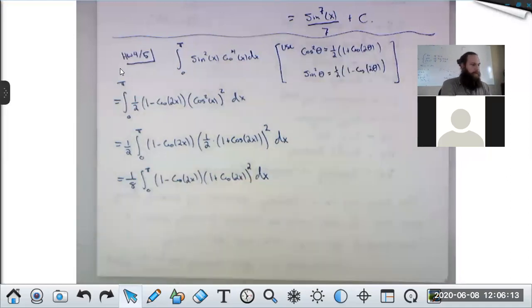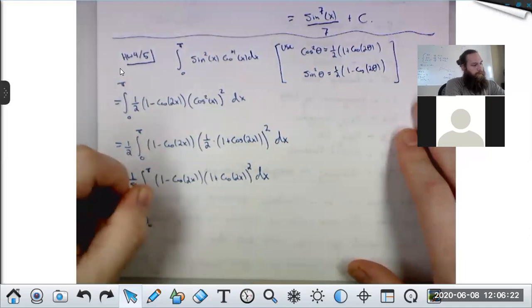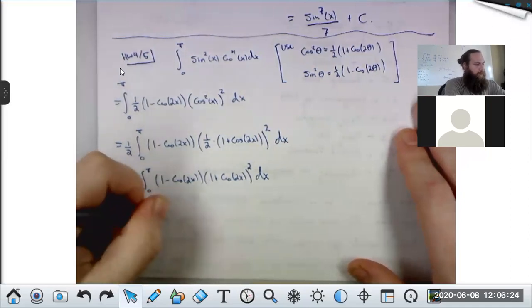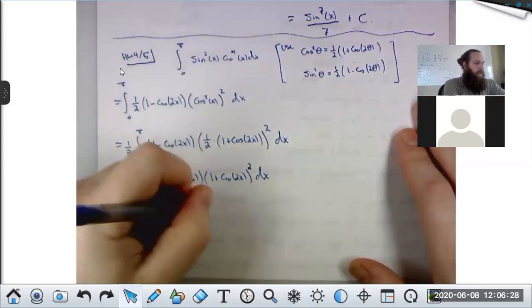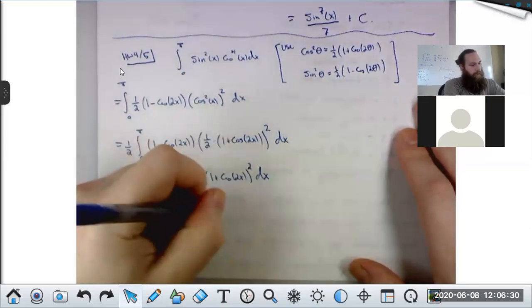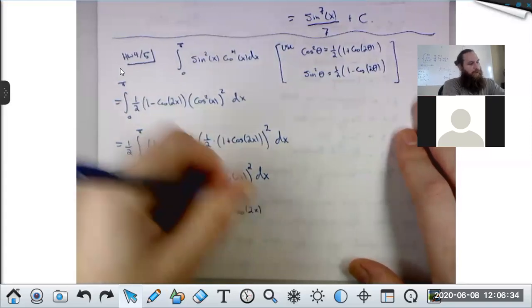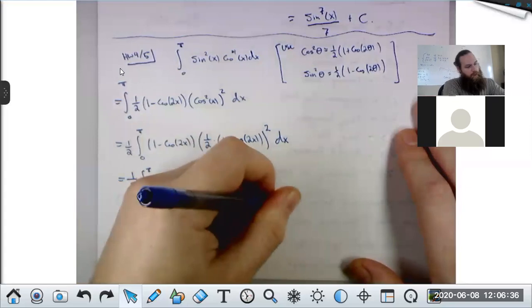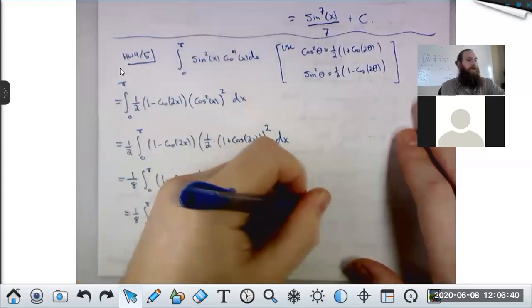But for now, this is 1/8 times the integral from 0 to pi of 1 minus cos 2x, times, if I FOIL this out, 1 plus 2 cos 2x plus cos squared of 2x dx, like this.